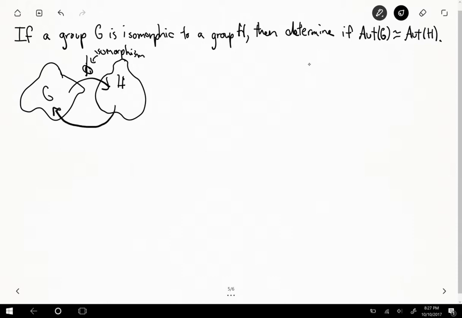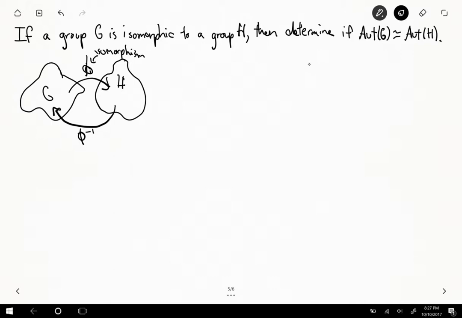Another thing to think about is that if it's an isomorphism, that means it's 1-to-1 and onto, meaning a bijection, meaning an inverse exists. Okay, so we can define that inverse. And then you have some results here. Phi inverse is also an isomorphism. Okay, so that's a nice result we're going to make use of.